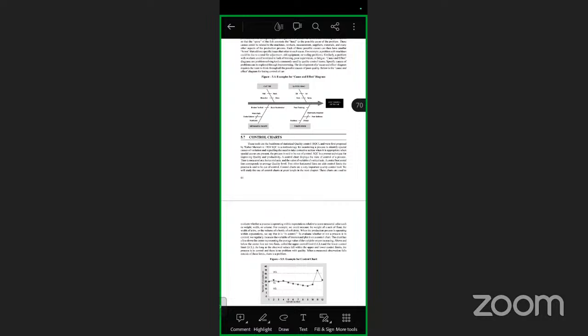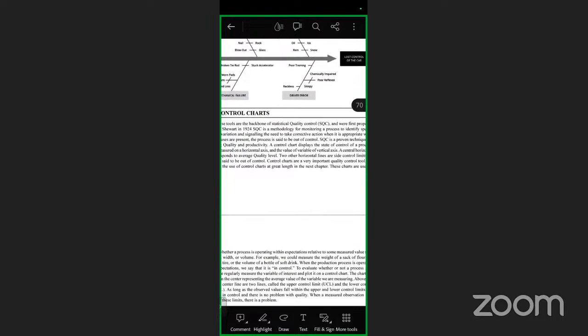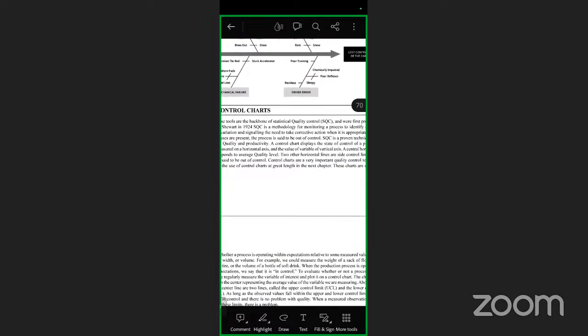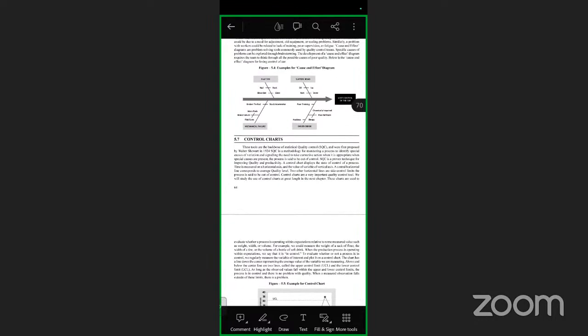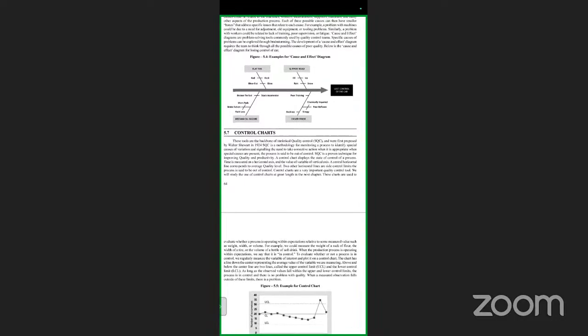So control chart. SQC, we call the control chart SQC. What is meant by SQC? SQC is statistical quality control. It was first proposed by Walter Shewhart in the year 1924.